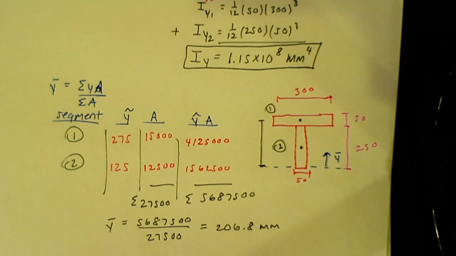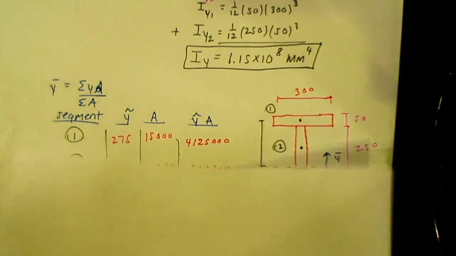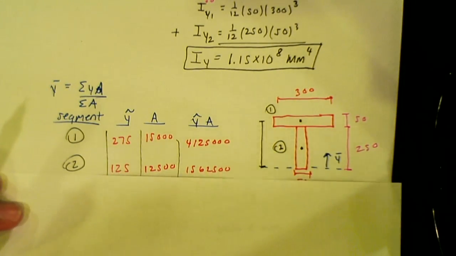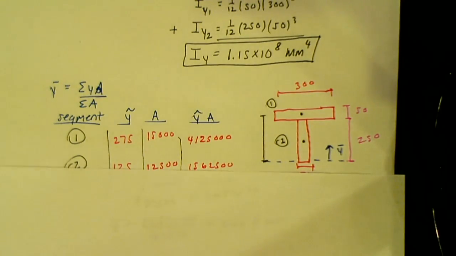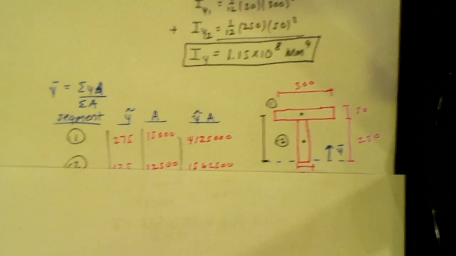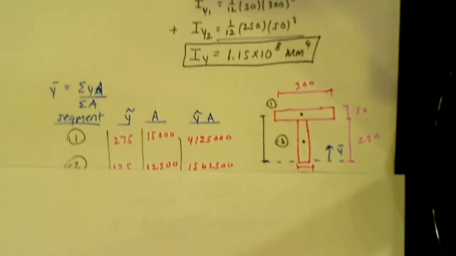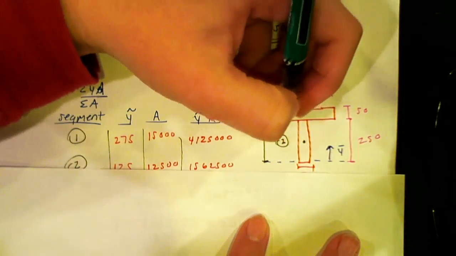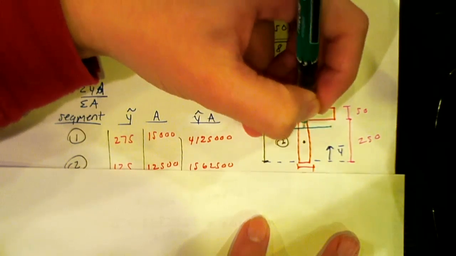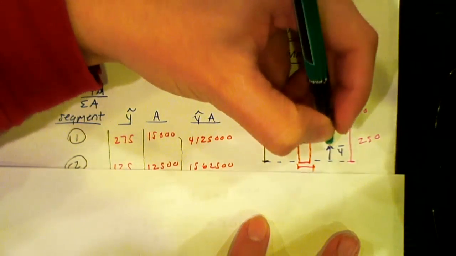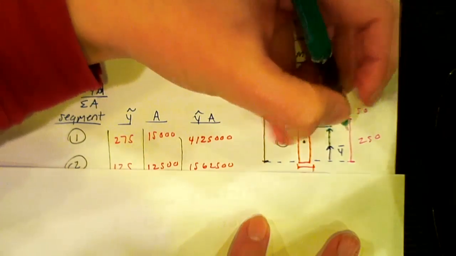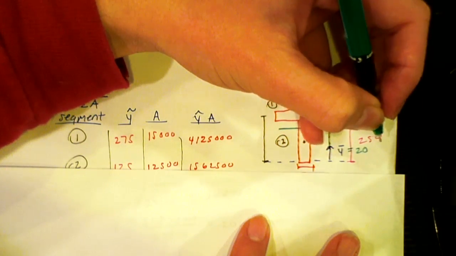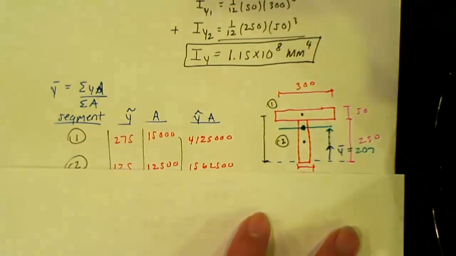Now we need the parallel axis theorem for this problem. We located our centroidal axis, which is right about here. There's the centroid of this figure. We found that our y bar was approximately 206.7.